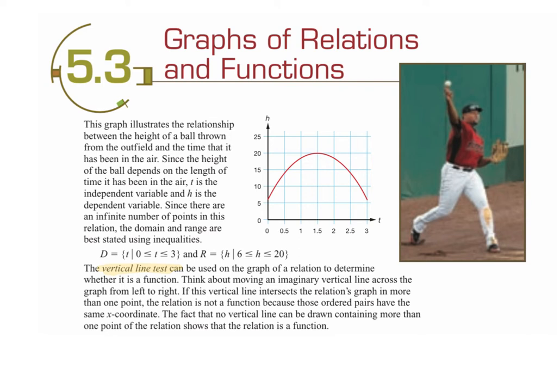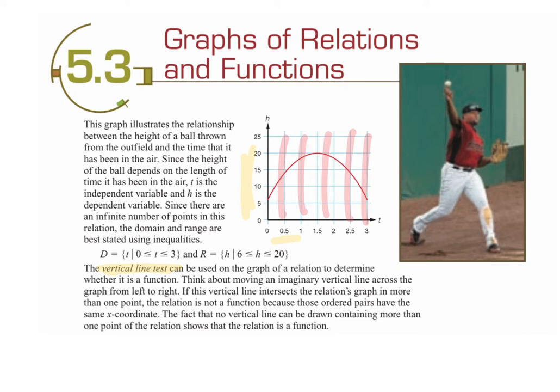If I crossed it 2 times, that would mean one x value has more than one y value, so it would not be a function. If I look at this one, I can draw a vertical line anywhere and it will only cross the graph once. So this is a function. The vertical line test is one of the ways to see if you have a function.